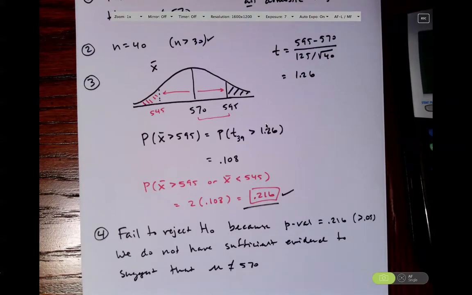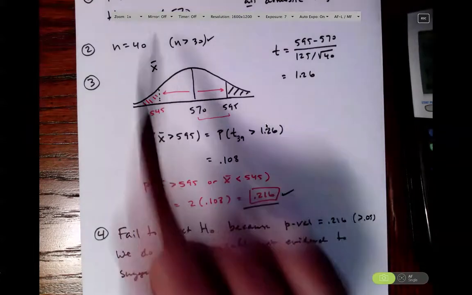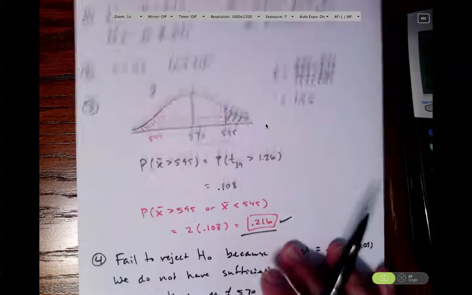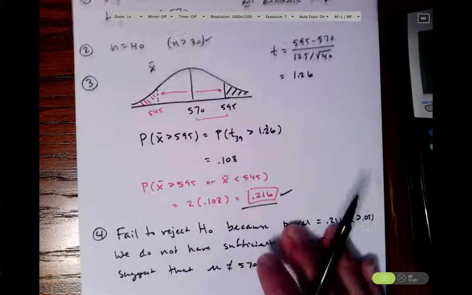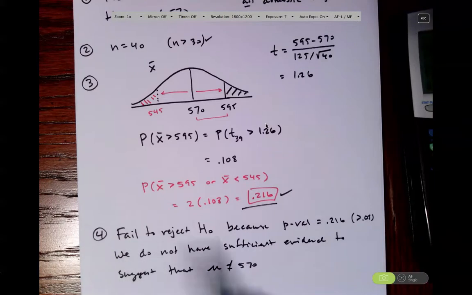We are kind of the prosecuting lawyers, and we don't really say in a court of law that somebody is guilty or innocent. We say that they are either found not guilty. Not guilty is kind of the same thing as saying fail to reject the null hypothesis. Okay, we're not saying that the null hypothesis is true, we're just saying that we don't have enough evidence against it. Okay, so we fail to reject the null hypothesis because the p-value is large.